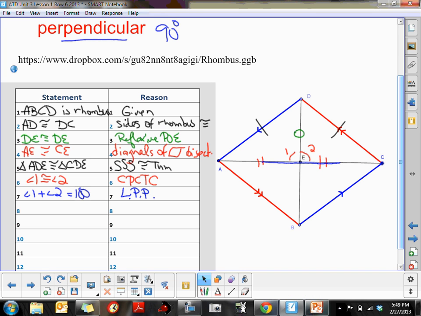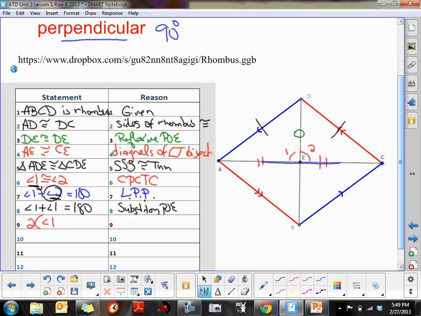So if angle 1 plus angle 2 equals 180, and I know that angle 1 is the same as angle 2, I can replace this angle 2 with an angle 1, so I'll have an angle 1 plus another angle 1 equals 180. So I'm taking out this 2 and replacing it with the 1, and that's through our substitution property of equality. And if you have an angle 1 plus an angle 1, that is 2 of those angle 1s that equals 180, and that is more or less collecting your like terms.